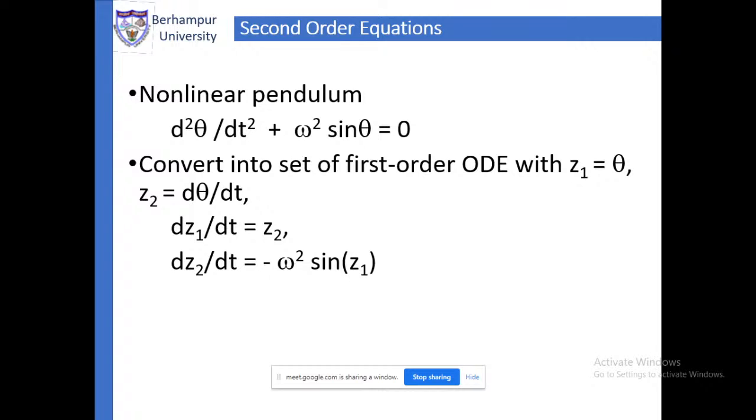Since we have taken d theta by dt to be z2, this is d by dt of z2. So d square theta by dt square is dz2 by dt, that is equal to minus omega square sine z1. So that is the second line. And in the first line we have defined dz1 by dt is equal to z2. So now we have got our two first order equations from one second order equation. Let us try to solve it.